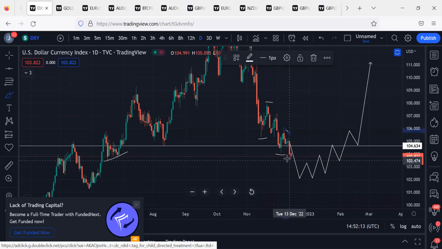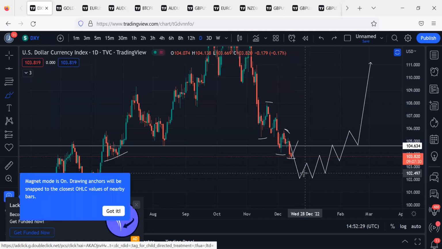So since this one broke, we all know that we have that lower high. Here now is that lower low. Since we're on the lower low, we should find a lower high first, then take our entry before coming to the downside. These are the things you should look at before taking any trade.